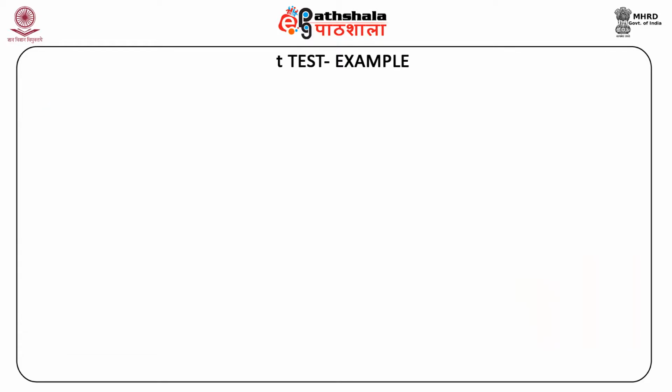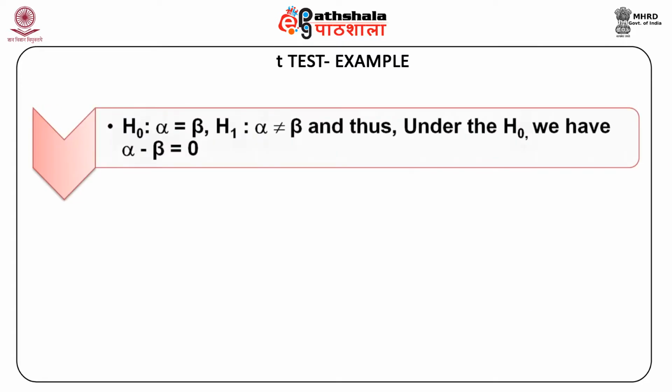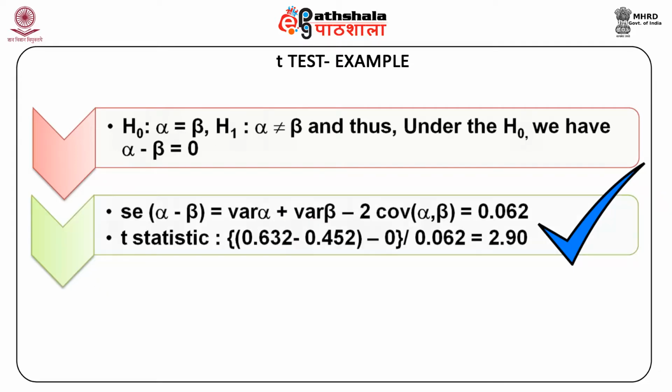Solution. Null hypothesis H0: alpha is equal to beta. H1: alpha is not equal to beta. Under H0 we have alpha minus beta equal to 0. SE of alpha minus beta is equal to the square root of variance of alpha plus variance of beta minus 2 covariance alpha beta, which is equal to 0.062.